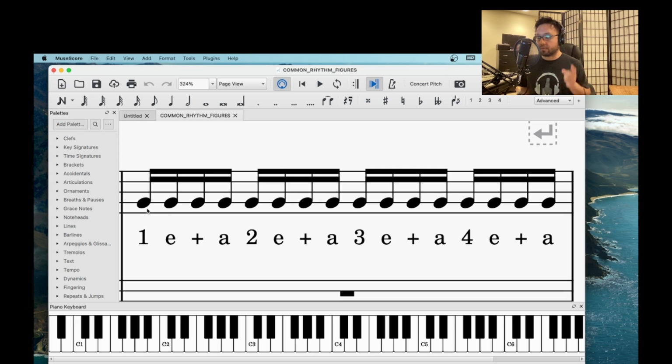If we want to refer to a specific subdivision in the beat, we use the numbers. In that case, this is one way to do it. 1 e and a, 2 e and a, 3 e and a, 4 e and a. Now, we have to make sure that the beat doesn't change. What changes is the subdivision inside the beat.